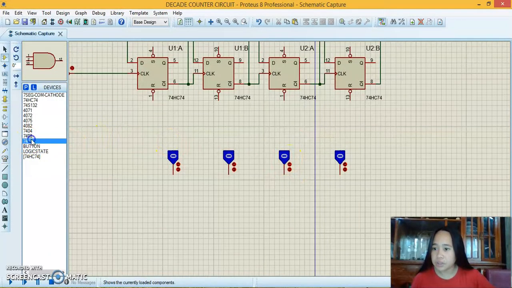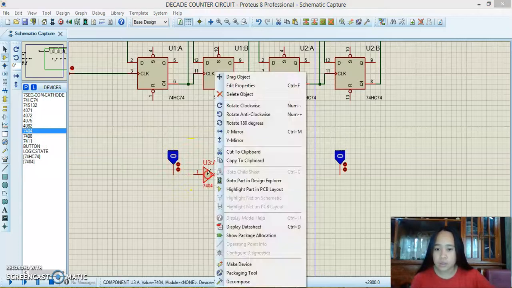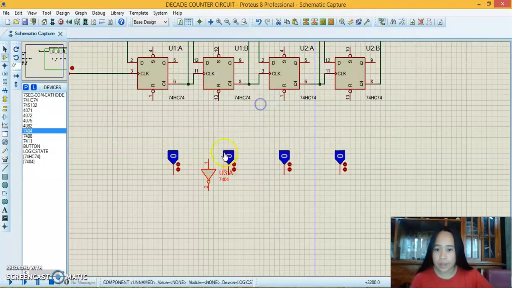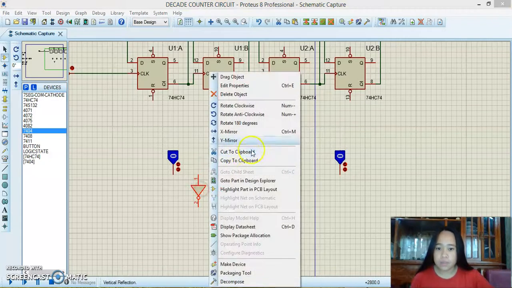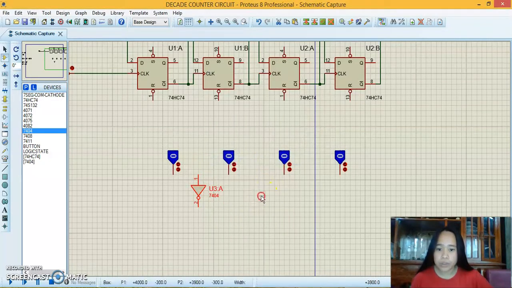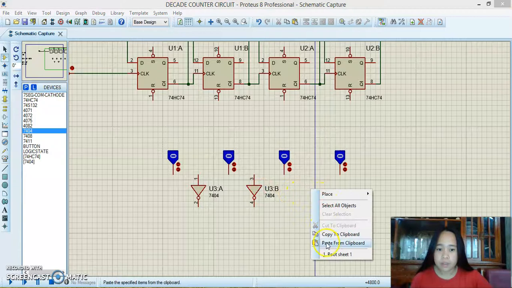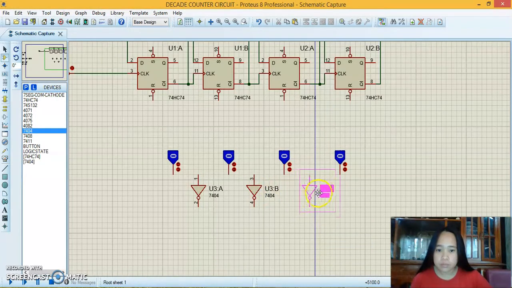Where is our inverter? Here. Let us rotate this one clockwise. Remove. Copy to clipboard, then paste. Paste. And paste.